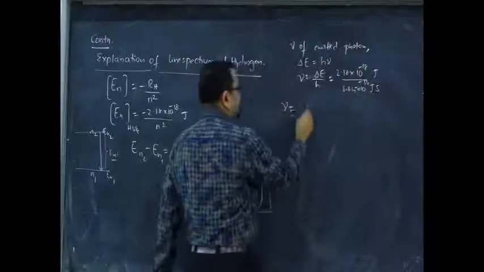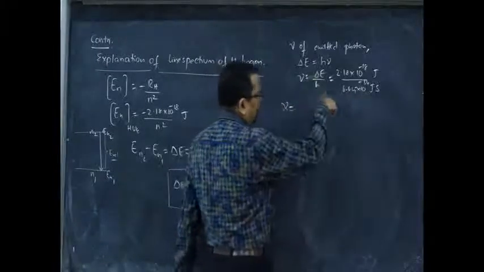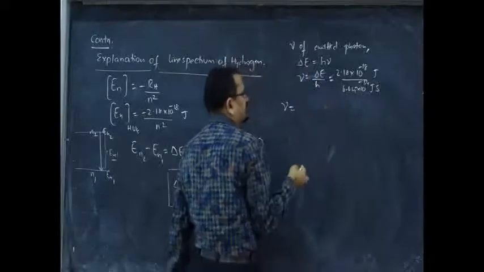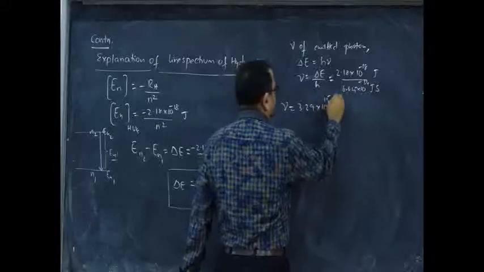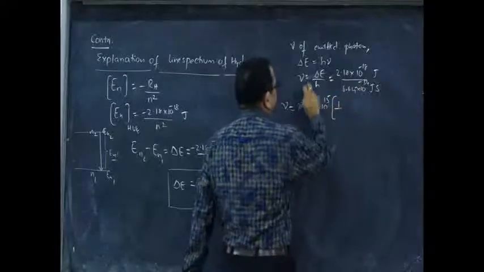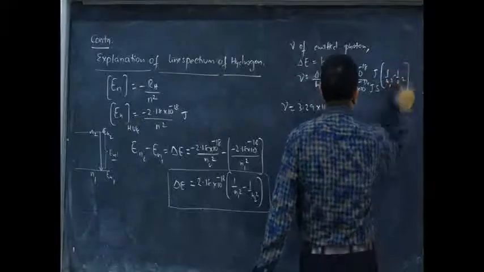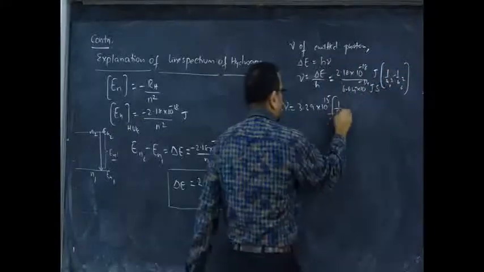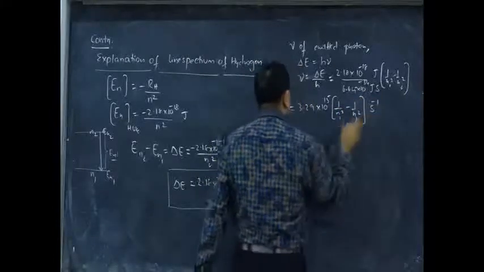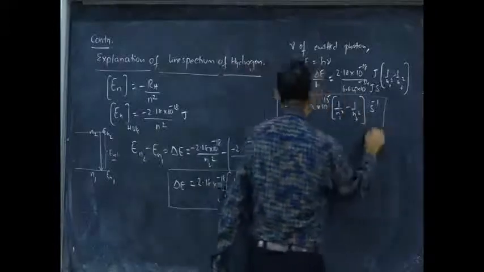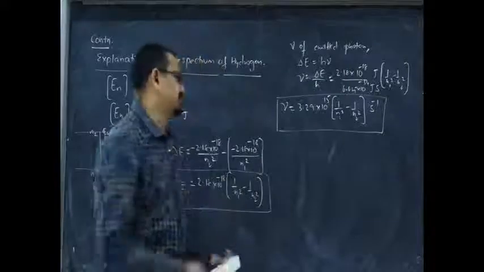This division is approximately 3.29 into 10 power 15, into 1 by N1 square minus 1 by N2 square, second inverse. Second inverse is the unit of frequency. So using this equation, we can calculate the frequency in a given transition.